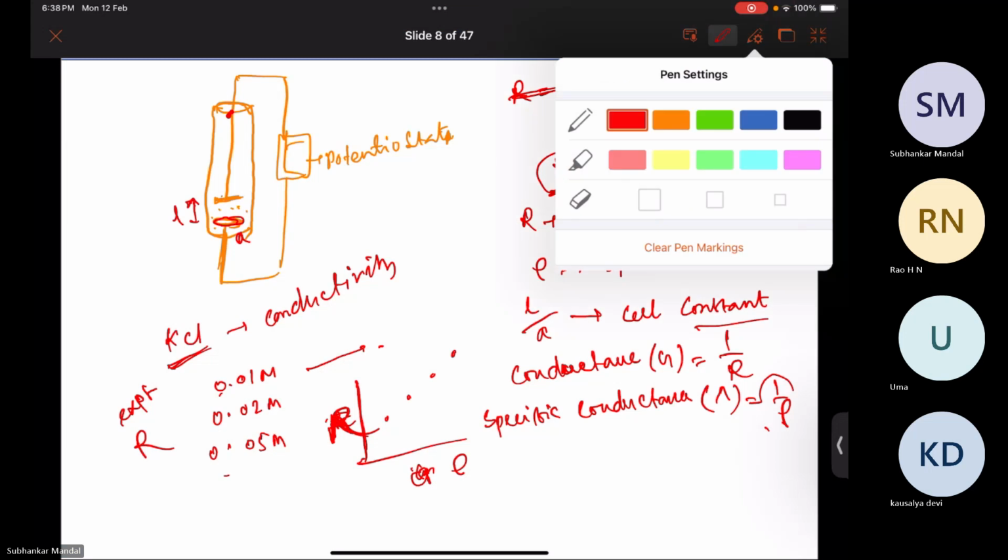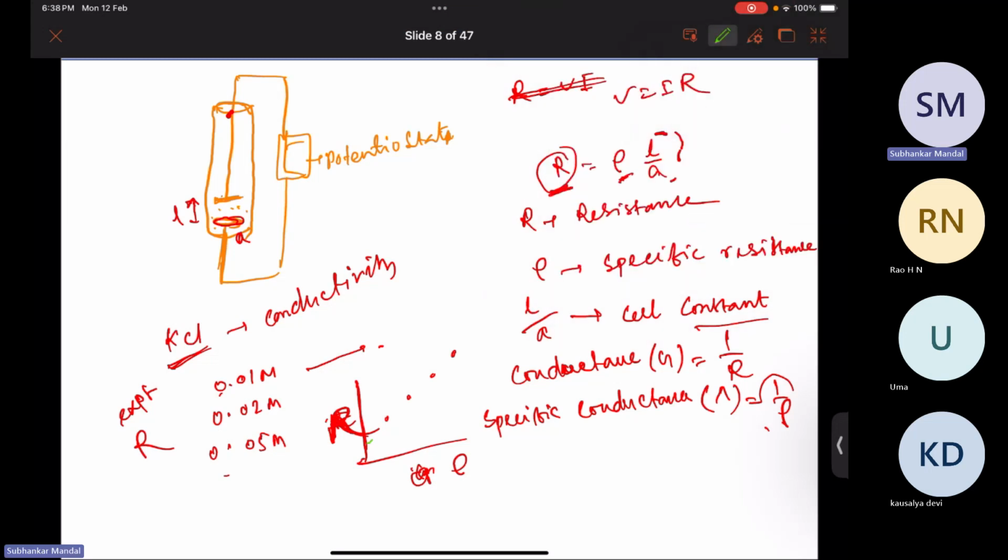Then you fit the data linearly and get the slope. That slope gives the cell constant: slope is equal to cell constant. So for known concentrations you get the cell constant of your electrochemical cell.